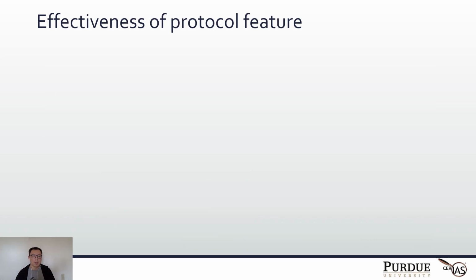As I have mentioned earlier, if we keep monitoring the physical feature continuously, there would be lots of false positives, and we have introduced the protocol feature to reduce the false positives. Therefore, we have evaluated the effectiveness of the protocol feature in reducing false positives.